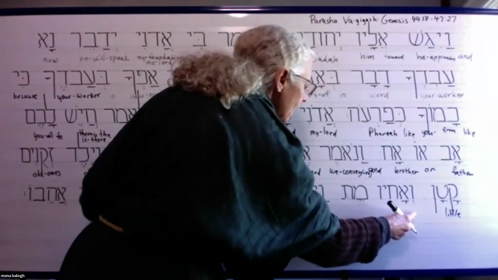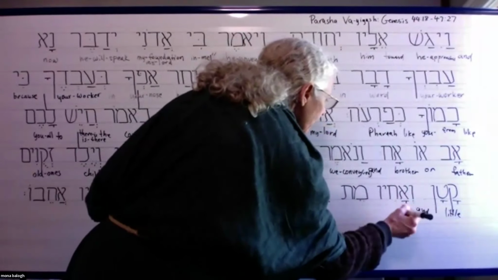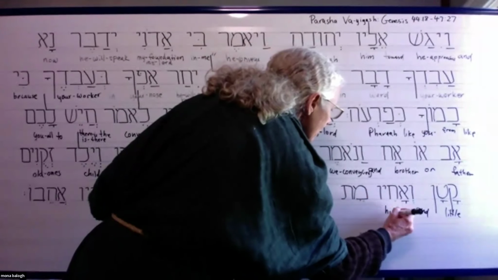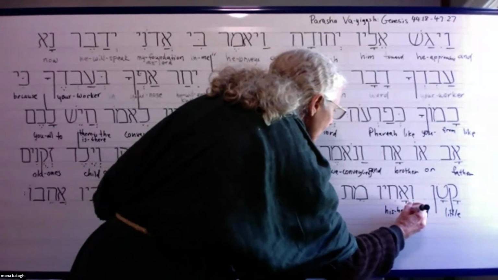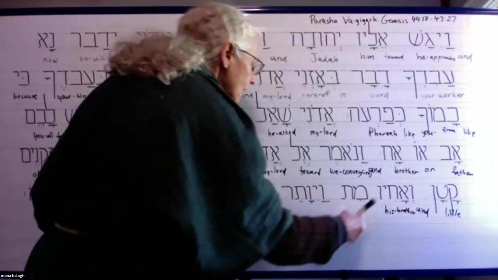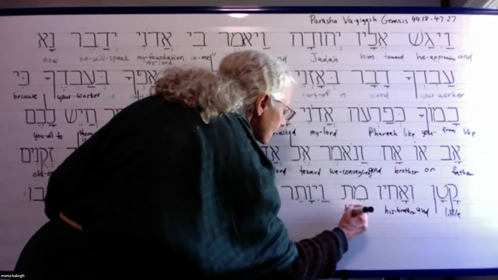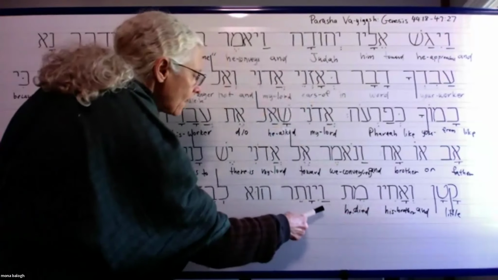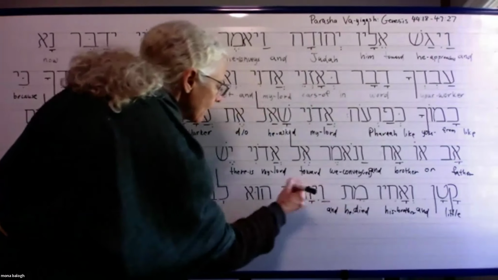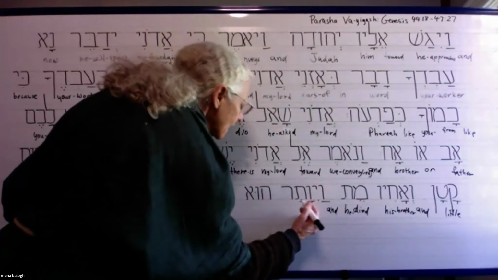Katan. Ve achiv, and again, ach is brother, and achi, and this is his brother. Even though this is a plural, in context, it's his brother, it's singular. Mate, died. He died. Va yivater, and vater means to be remaining, and he is remaining.